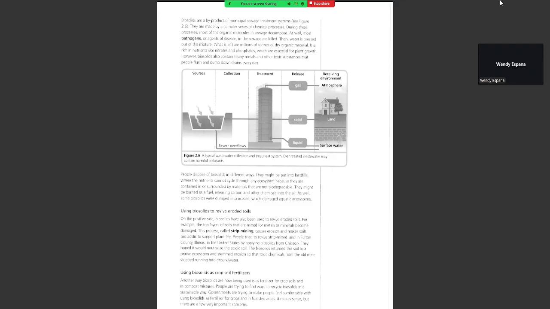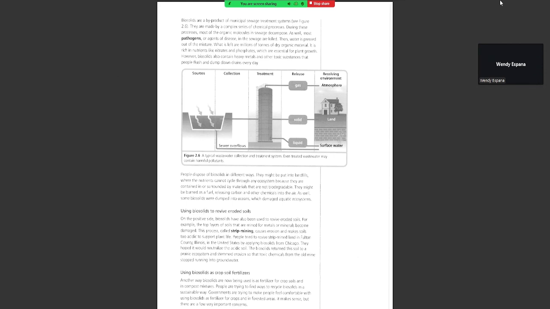Strip mining is a process where they go in and they take off the top layer of land, and underneath is where the minerals that they're looking for are found. So, strip mining can cause erosion. Also, it can produce dangerous toxins that then go into the soil all around it.